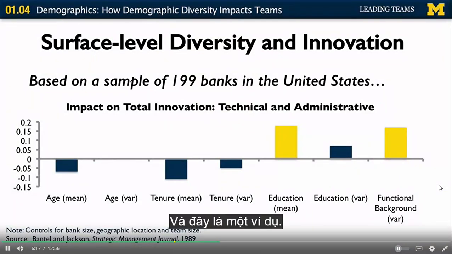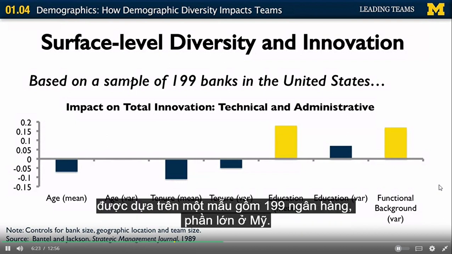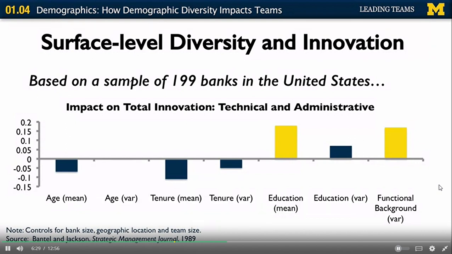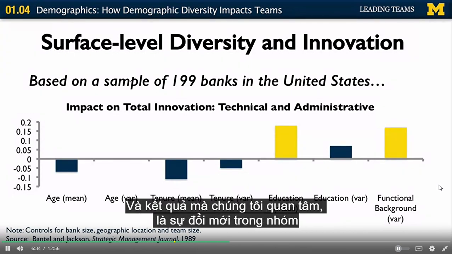And here's an example. So surface-level diversity and innovation. The study I'm going to share with you was based on a sample of 199 banks, largely in the United States. And so this is in the financial services industry. And the outcome here that we're interested in, again, is innovation within teams.